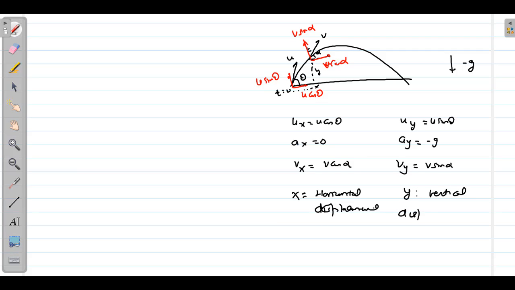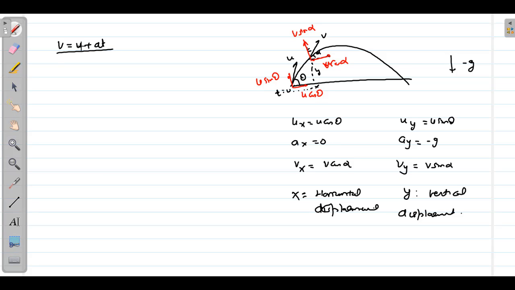And we have already told that trajectory means we have to relate this x and y. Relation between x and y is the equation of the trajectory. So along the x-axis or the horizontal motion, we can write the first equation of motion as v equal to u plus at.